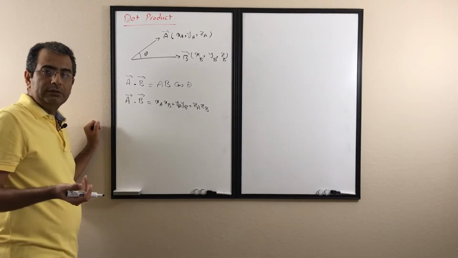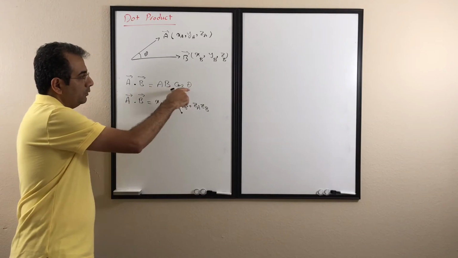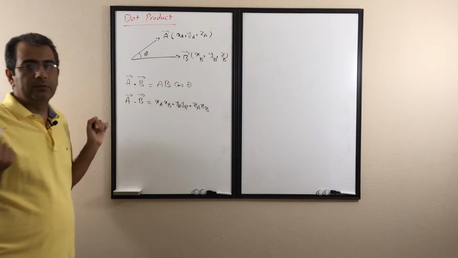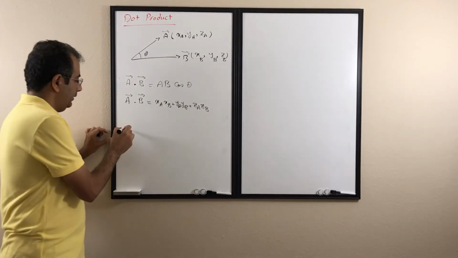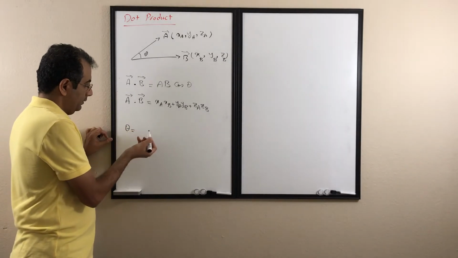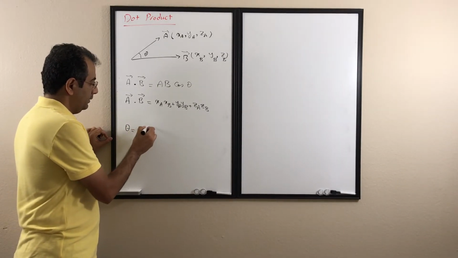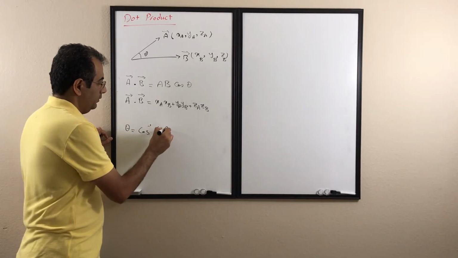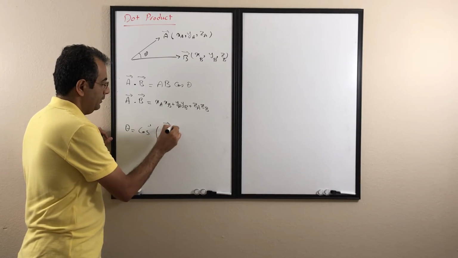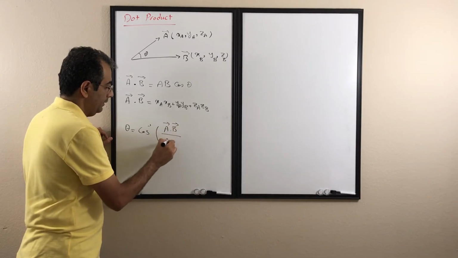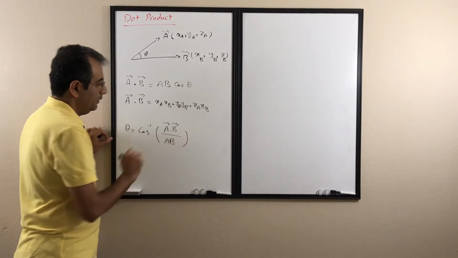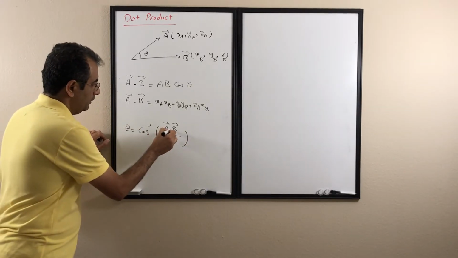One way that we rearrange it is we use the dot product to find theta, the angle between two vectors. So theta is the cosine inverse of the dot product of a and b divided by the magnitudes of a and b.